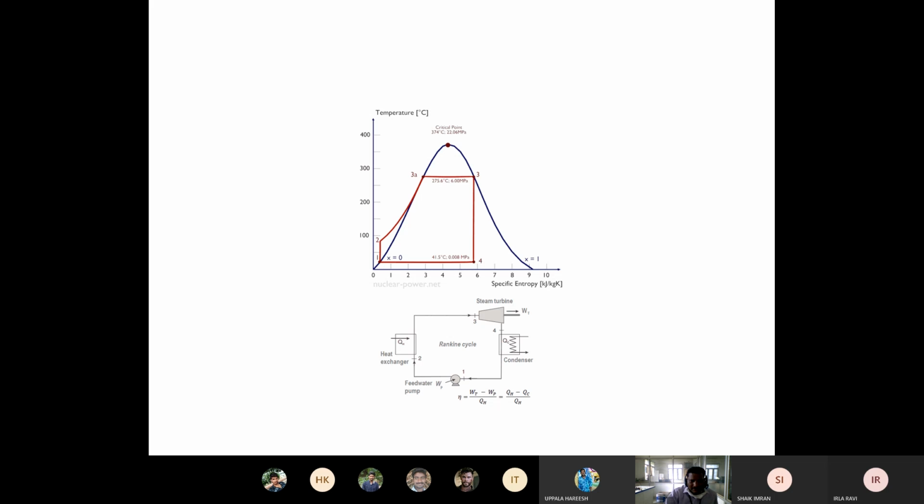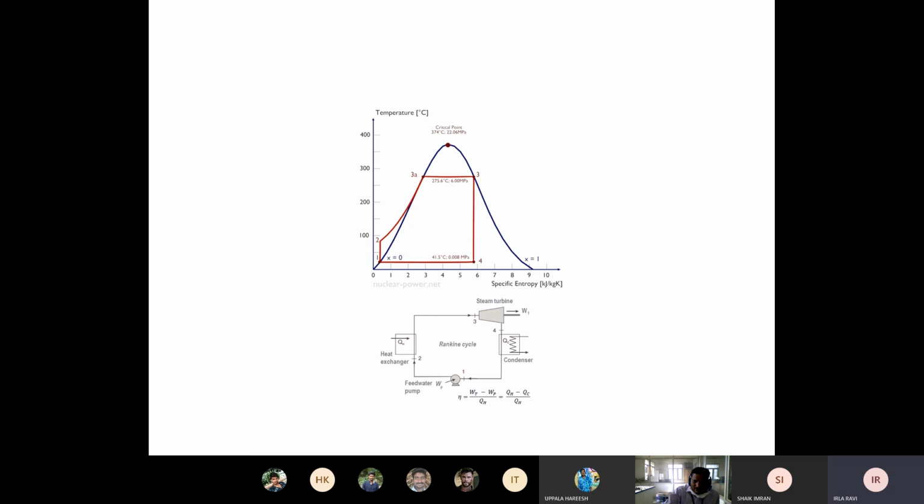HF2 minus HF1 will give the pump work. H3 minus H2 will be the constant pressure heat addition, and HF4 minus HF1 is the heat rejection to the condenser.